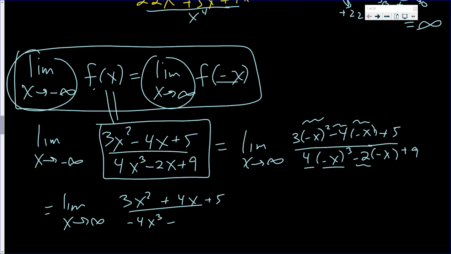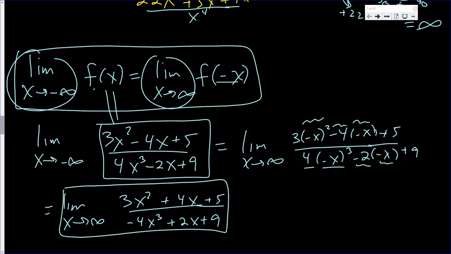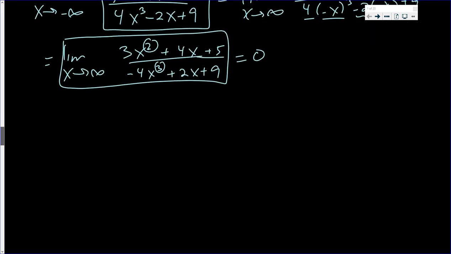A negative 2 times a negative x is a positive 2x plus 9. Now, real easily, we have a problem that we understand. We have the recipe for this. The degree in the numerator is 2. The degree in the denominator is larger. So we're done. The answer is 0.